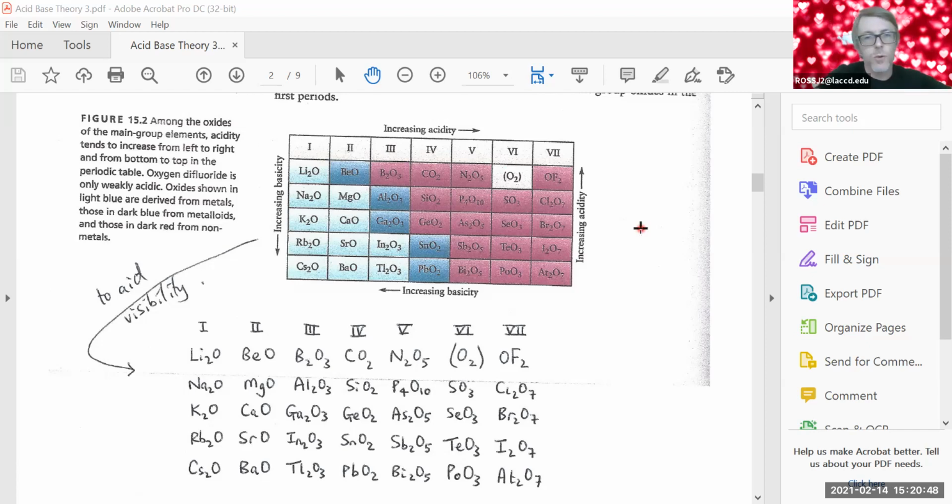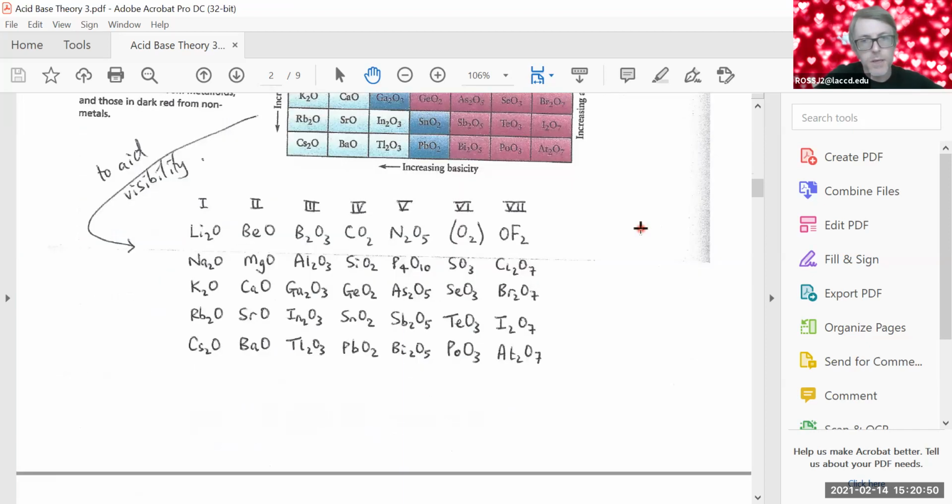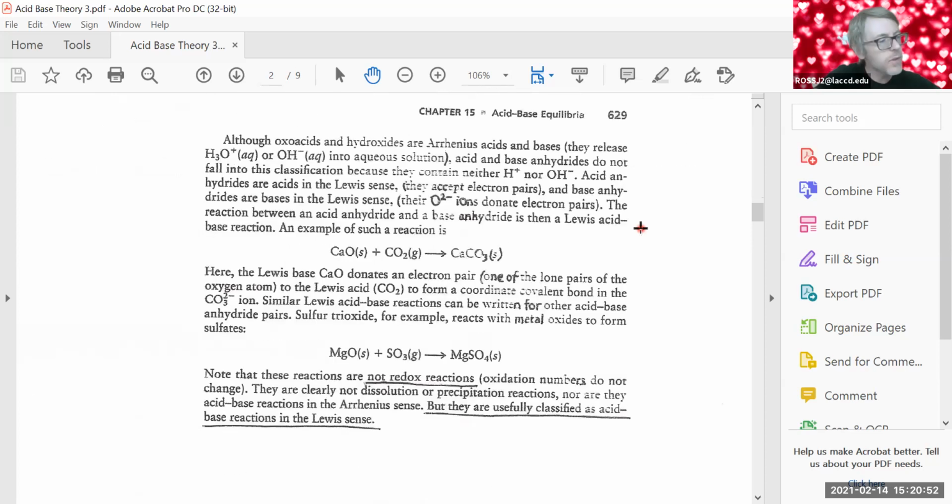Okay, so let's scroll away to the next page. This is just a half page I thought was nice, and I included it for the benefit of my students. So we've just seen some oxoacids, that were the nonmetal acid anhydrides.